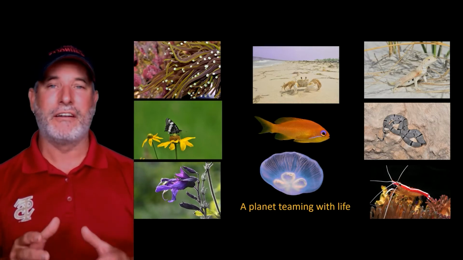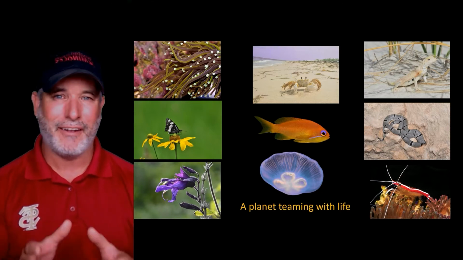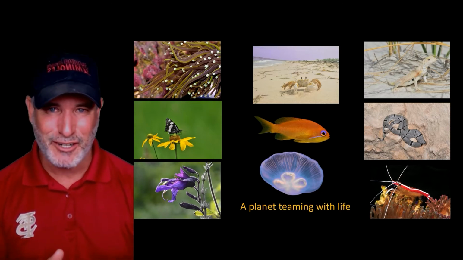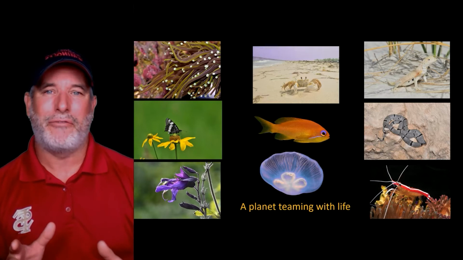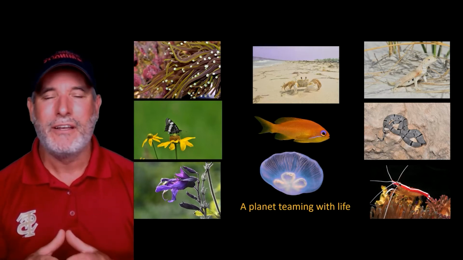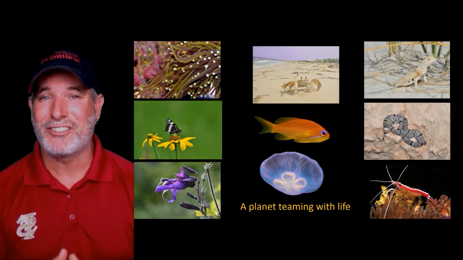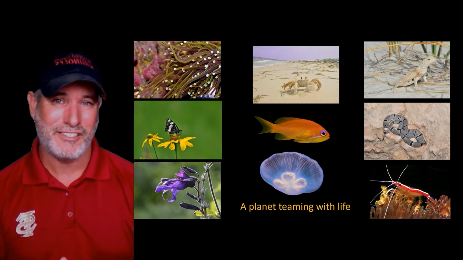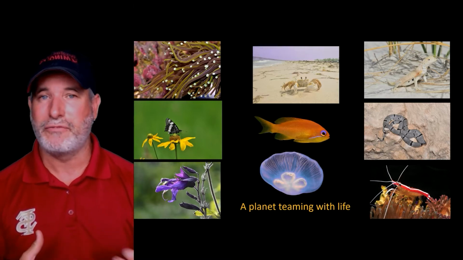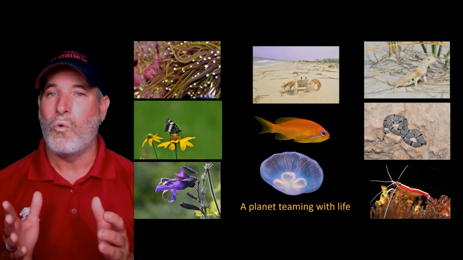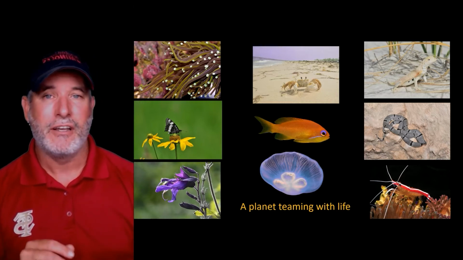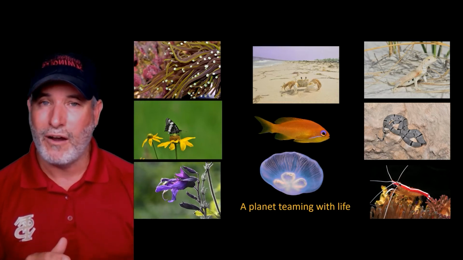Another key thing to think about, the Earth and life are connected to each other. One of my favorite ways of thinking about life is that we are an extension of geological processes. So the Earth geology affects us, and guess what? Life affects the Earth and the climate as well.